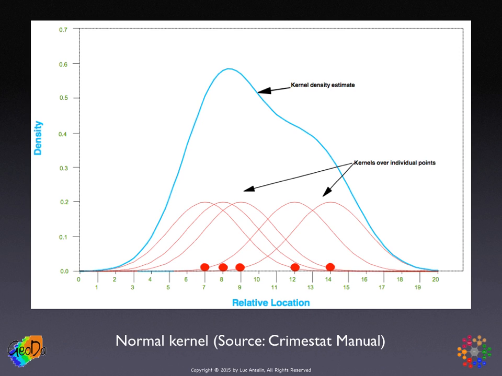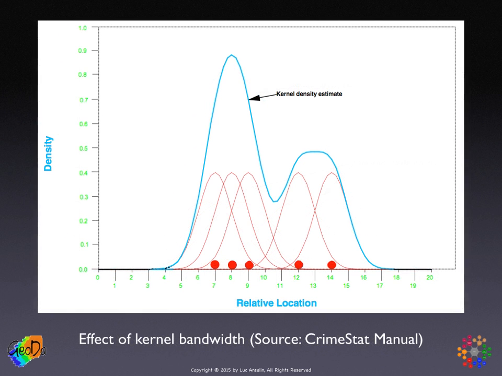Okay, so the principle is you have this kernel function which basically moves over each point, and then the kernel estimate is the summation of all these individual functions. They're added up together or averaged, but the blue line is the combination of the red lines. And if we change the bandwidth and make it narrower, as in this graph, you see the effect on the kernel function.